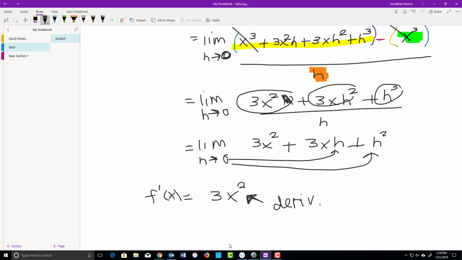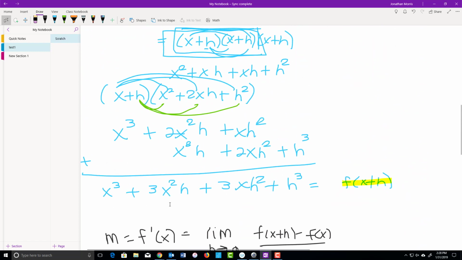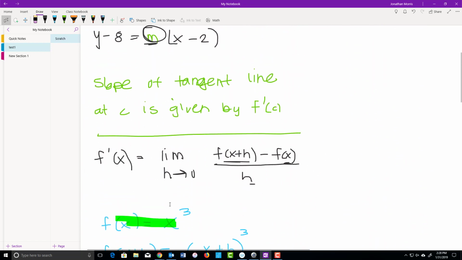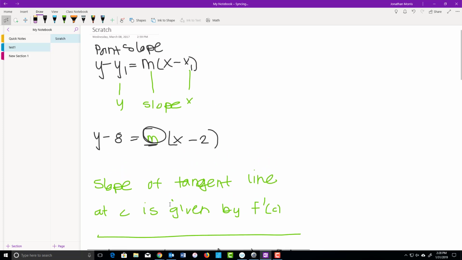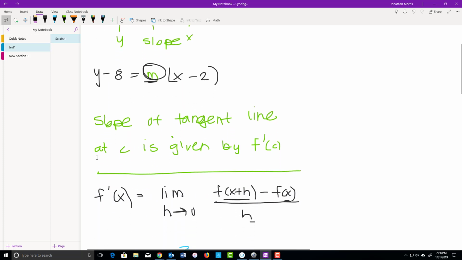Now, is that the slope? Good question. F prime of x, the derivative. We use the derivative to get the slope. Let me see what I wrote up here. The slope of the tangent line at c is given by f prime of c.